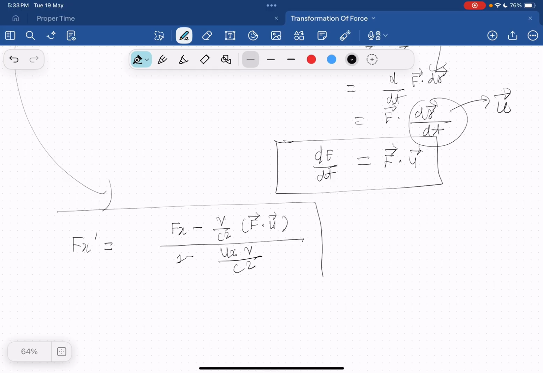So this is the transformation equation that we have for the x component of the force.